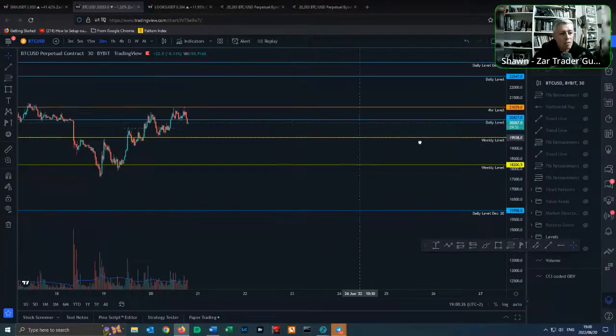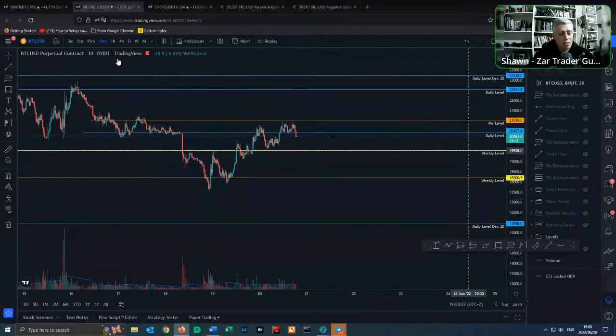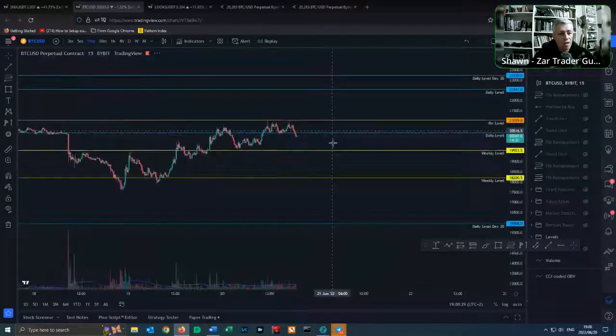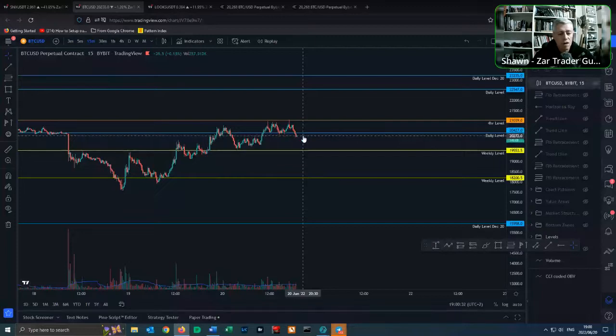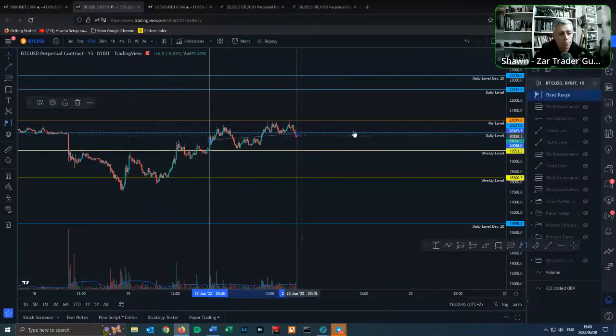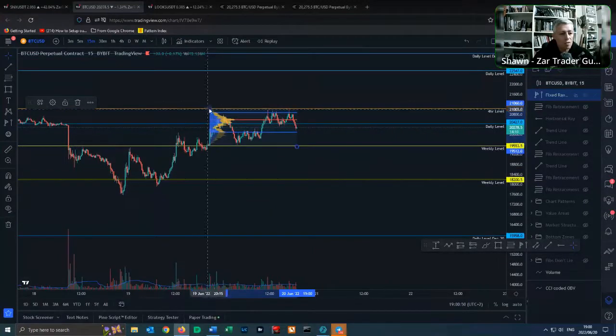So for me, I wouldn't short at, I mean, this is completely in the middle of this range. I wouldn't short here, I wouldn't long here. And I can see this if I pull a little fixed range on the 15 minute. Okay, let's pull it from there. We'll see exactly where our value areas are.